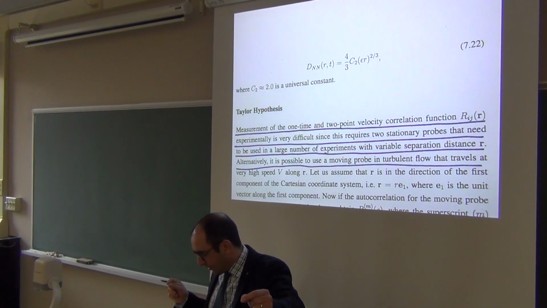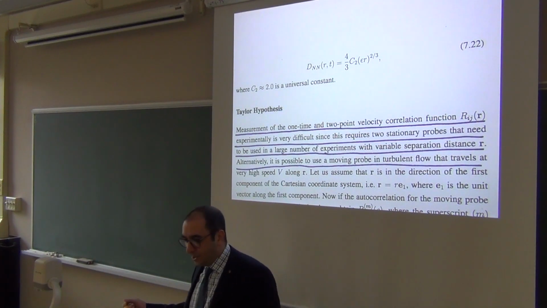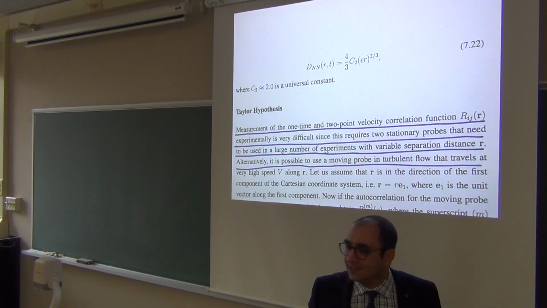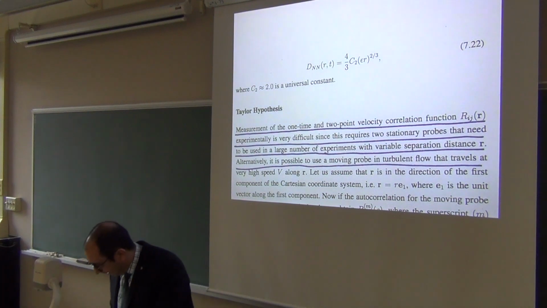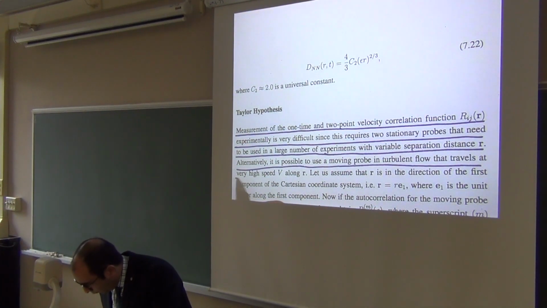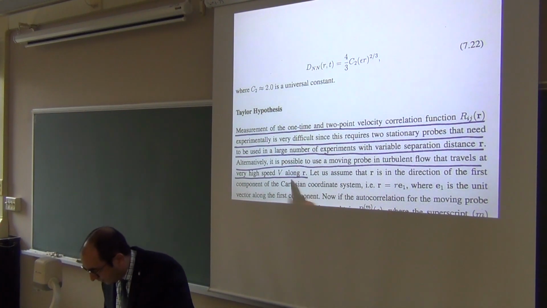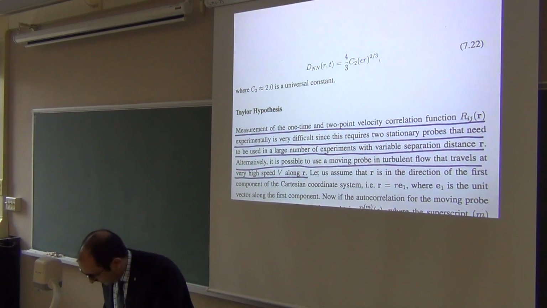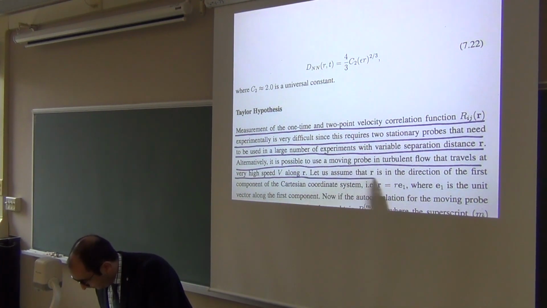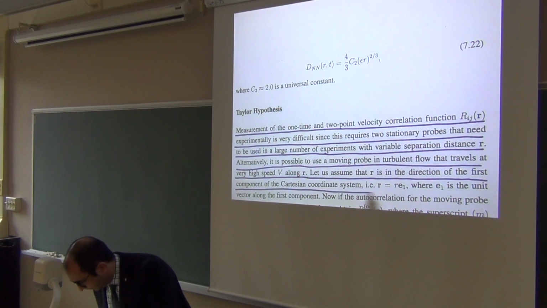Probes are not stationary anymore. You get one probe, but then you move it through the flow really fast. Really fast. So, if the probe is moving with speed v along this direction, r, well, there is a simple relationship between speed, time shift, and r.